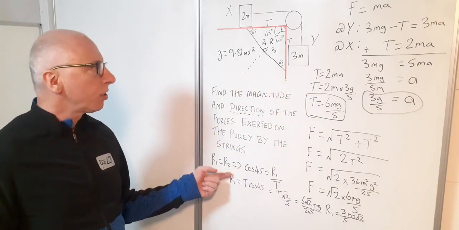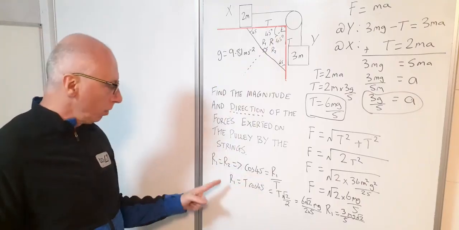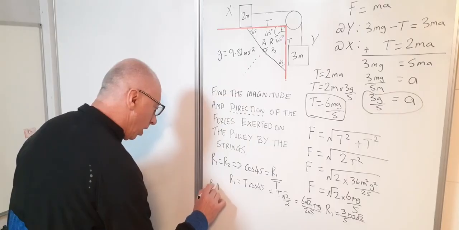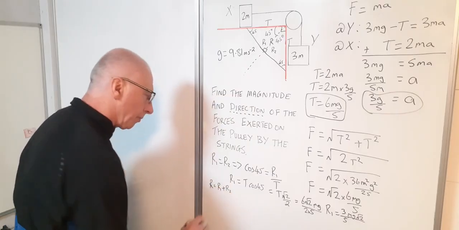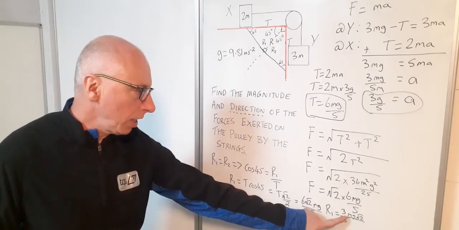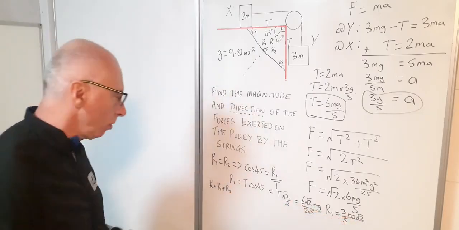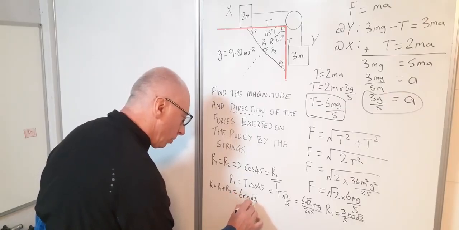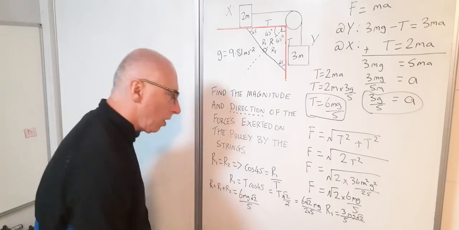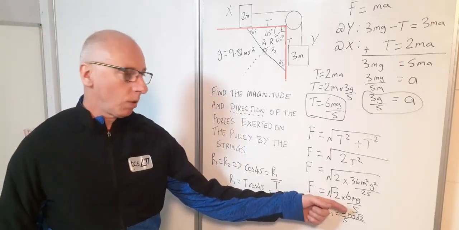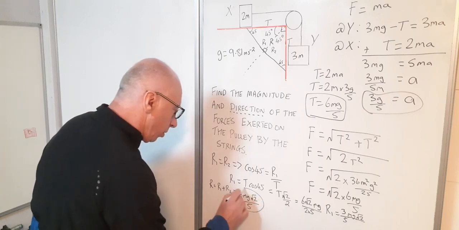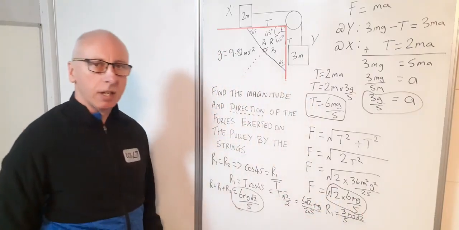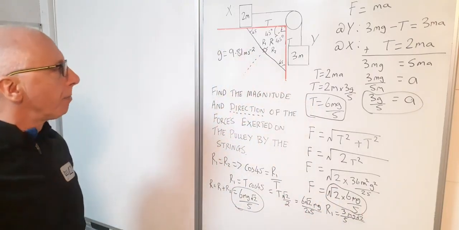So R1 equals R2. So this force here, R, is equal to the sum of R1 plus R2. So R equals R1 plus R2. So then I've got this one here, 3 root 2 mg over 5 times 2, which would then simply give me 6mg root 2 over 5, which is exactly the same as what we had here. So that's 2 different ways of calculating my force exerted onto the pulley by the strings and the weight of the system. Okay.